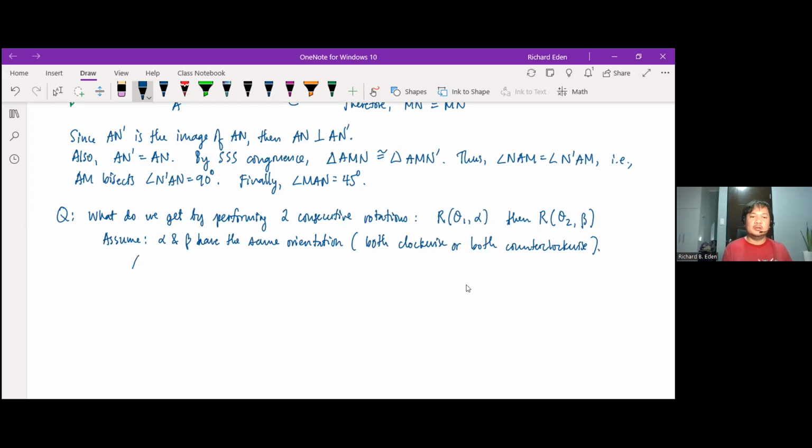Because after all, for example, if you think about a 60-degree clockwise rotation, it is the same as a particular number of degrees counterclockwise rotation.